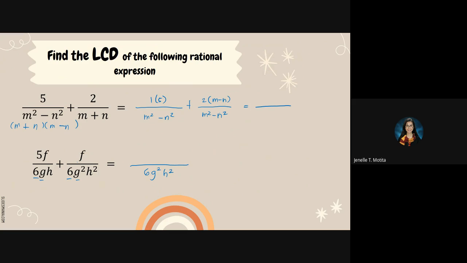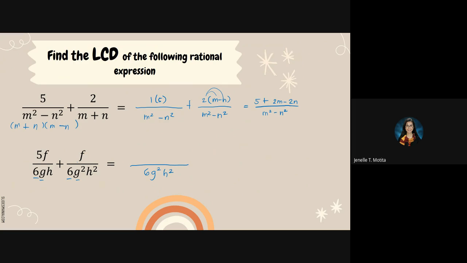We're dealing with the same denominator, so just copy m squared minus n squared. And then evaluate your numerator. So 1 times 5, that's 5, plus distribute, 2m minus 2n. Is this the final answer?